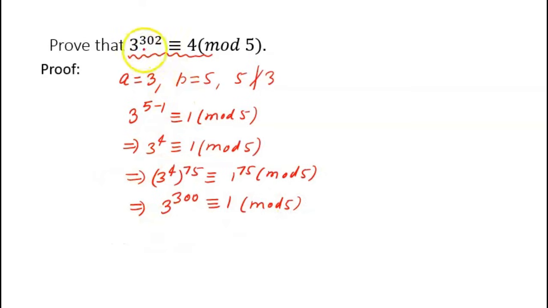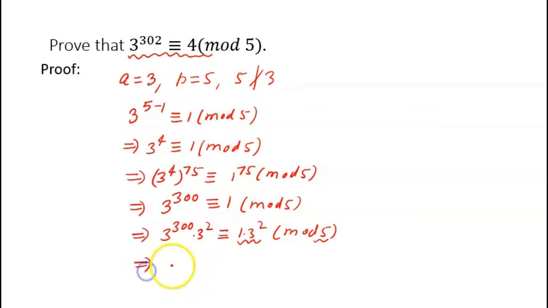And I want 3 to the power 302, so I hope you are smart enough now that you can multiply by 3 squared on both sides. So you will get 1 into 3 squared modulo 5, right? And 3 squared is 9, so 9 modulo 5 is 4. So this becomes 3 to the power 302 is congruent to 4 modulo 5, and that is what I wanted to prove. So basically it gives me what?